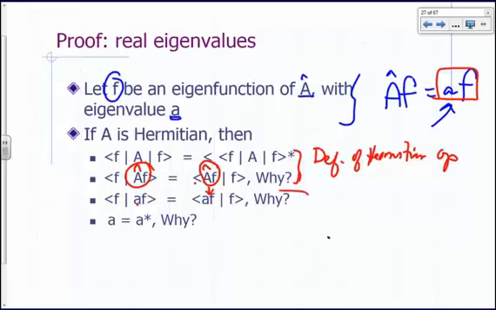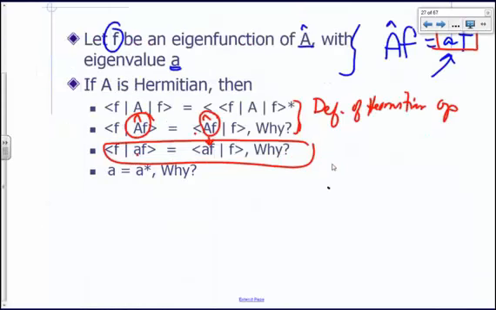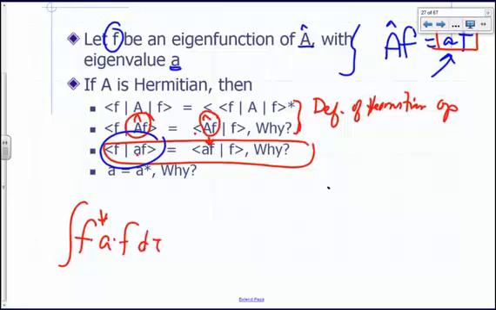So let's write this in standard integral form. Integral of f star, on the left, little a times f d tau. What do we have on the right side?